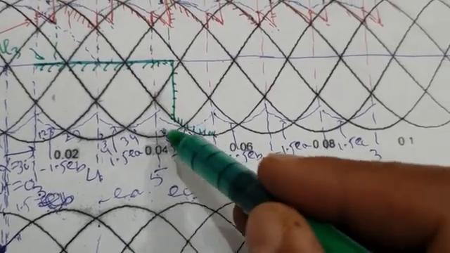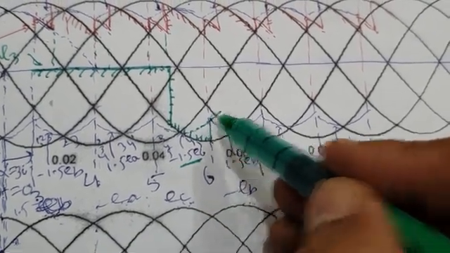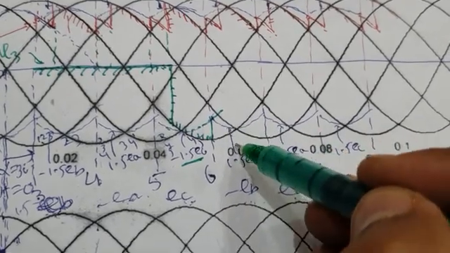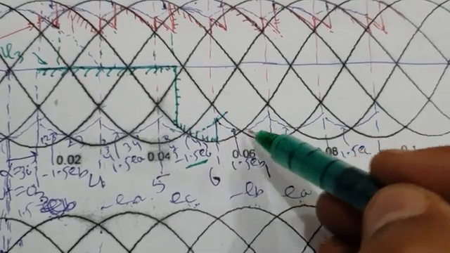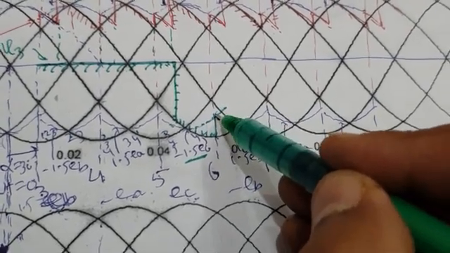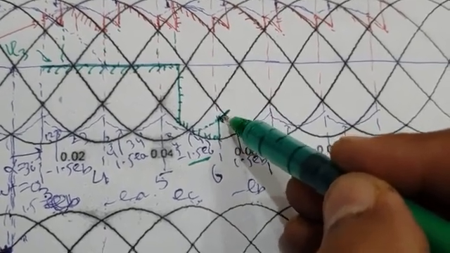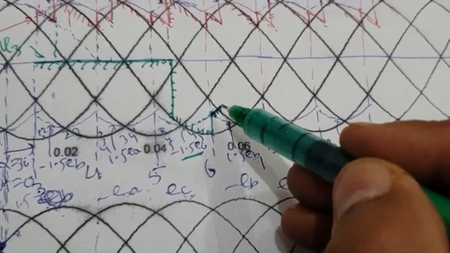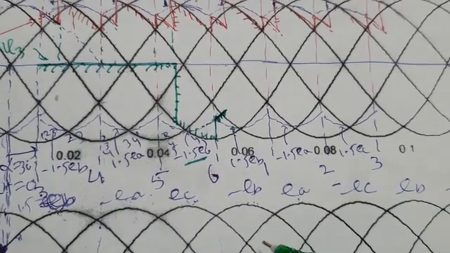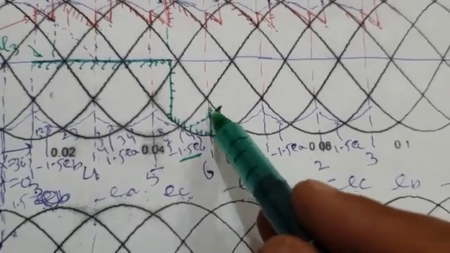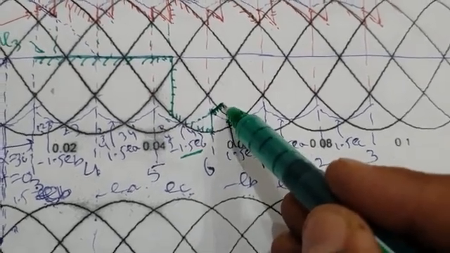I have already written it. So for 15 degrees it will follow this. From here to here is 15 degrees, and from here to here is 30 degrees, so it will follow this for 15 degrees. Because from here to here is 30 degrees, but this is only for 15 degrees.